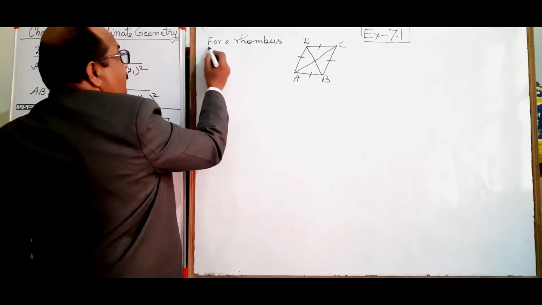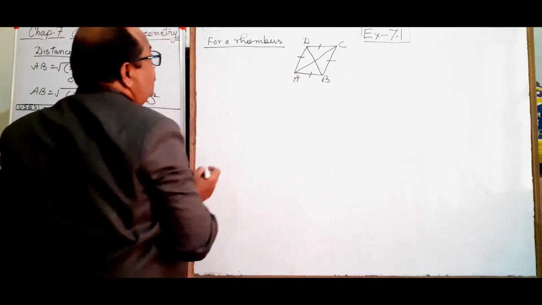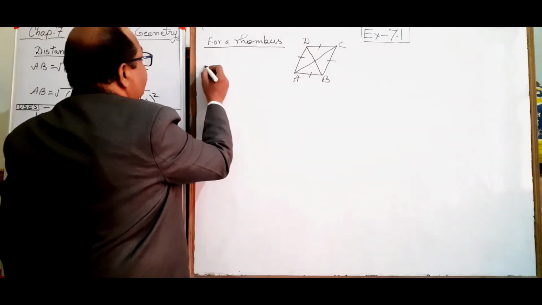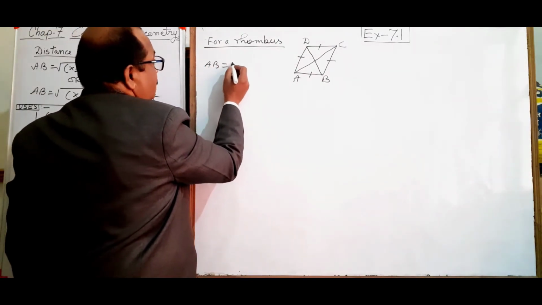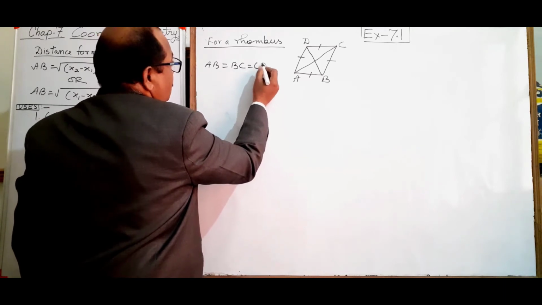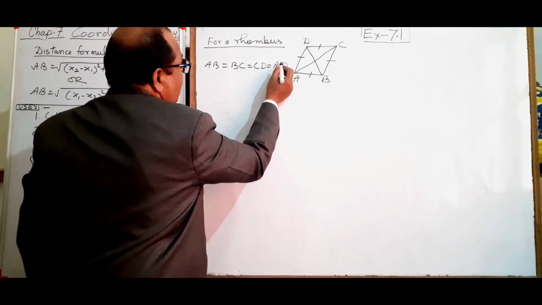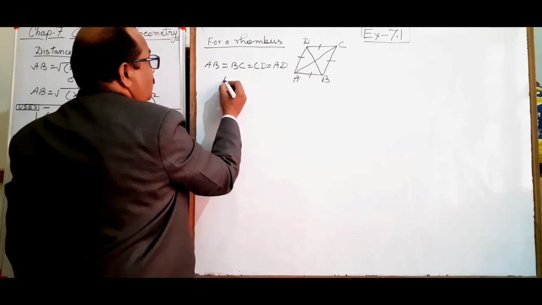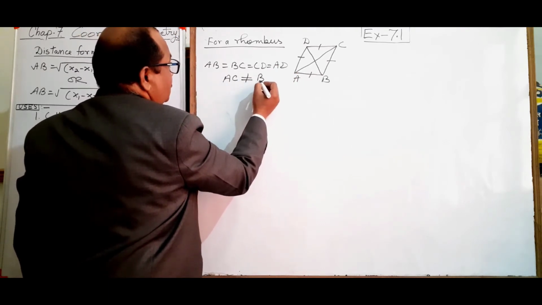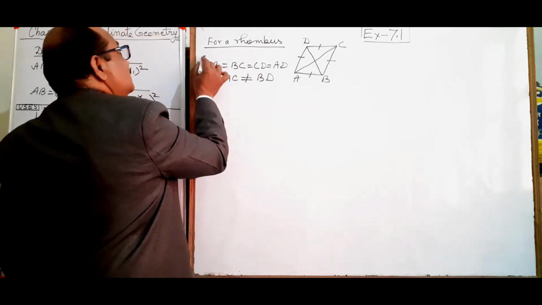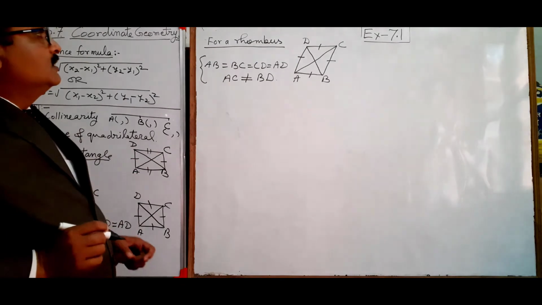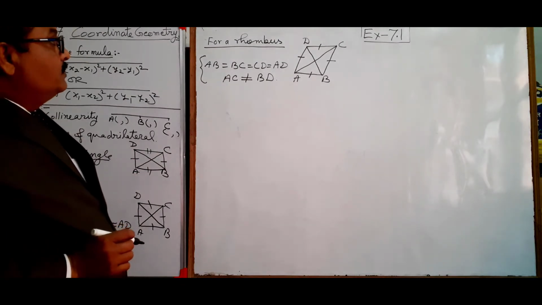So the condition for a quadrilateral to be a rhombus is that all sides are equal and their diagonals should not be equal, AC is not equal to BD. If this condition is satisfied, then you can say the given quadrilateral is a rhombus.